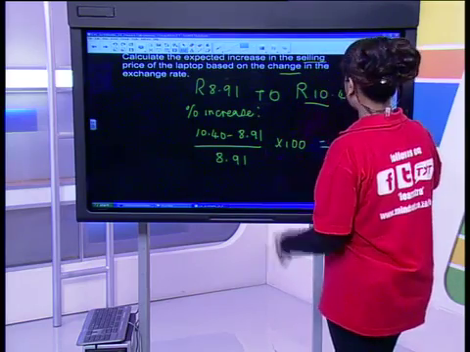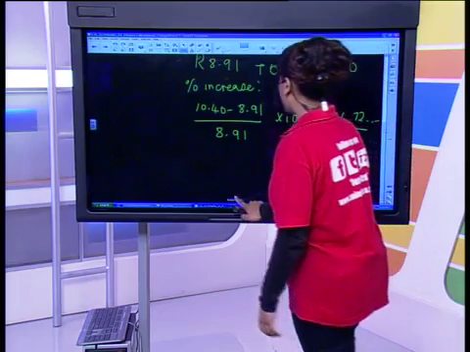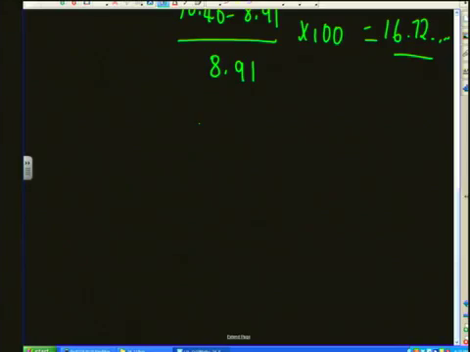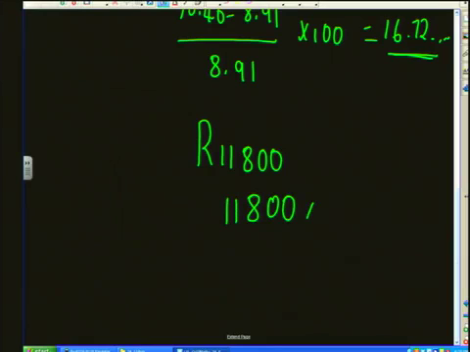So how do we work out the new price of the laptop? Well, you simply take the old price, which is 11,800 rand, and we find the 16.72% increase on 11,800 rand. So I'm going to say 11,800 times 0.1672, my percentage in decimal form.